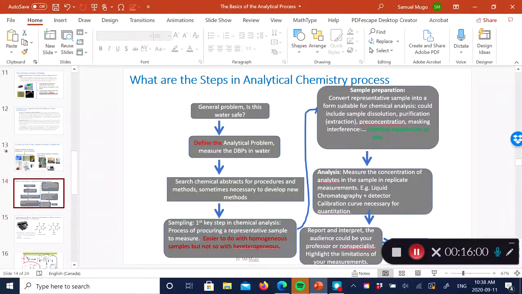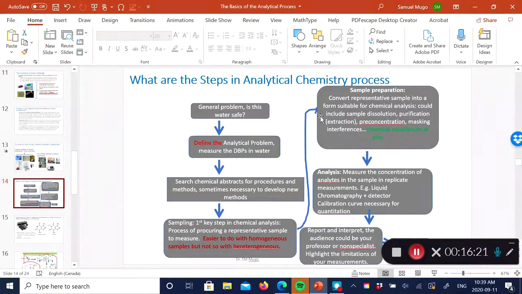Maybe you have to do extraction. Maybe the analyte is present at very low concentration, and so you have to do pre-concentration, and so forth. So sample preparation is getting the sample ready for instrumental analysis. This is the most tedious step.